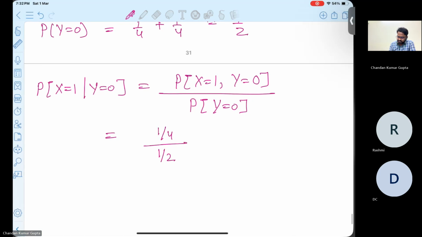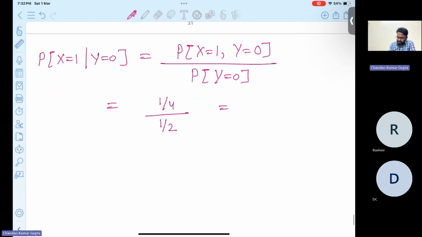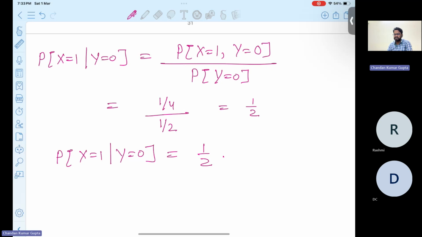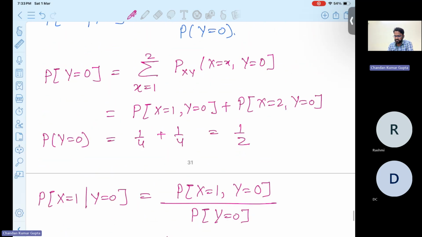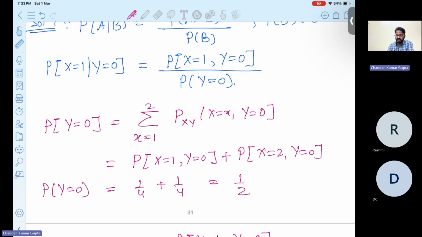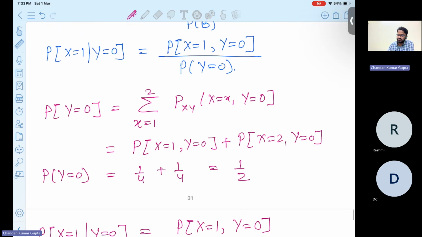After solving, you will get 1 by 2. So probability that x equal to 1 given y equal to 0 is 1 by 2. Just a simple procedure. The conditional is defined as joint divided by marginal. Our aim is to first calculate the marginal and then put those values in this expression to calculate the conditional probability.